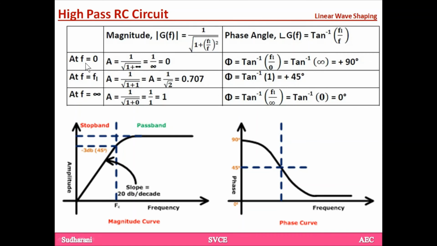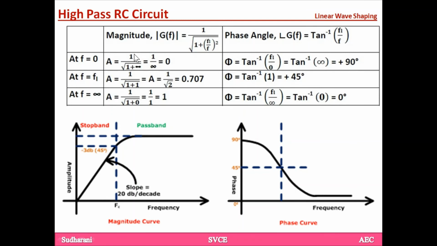By substituting f equal to 0, fL by f becomes infinite, and 1 by infinite is 0. For the phase angle, fL by 0 becomes infinite, and tan inverse of infinite is plus 90 degrees.